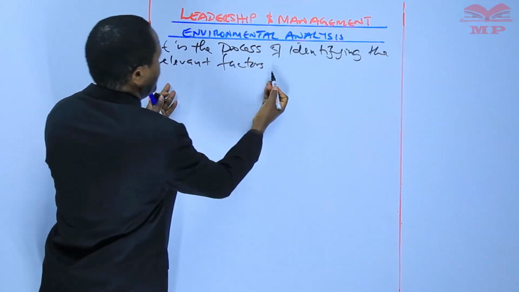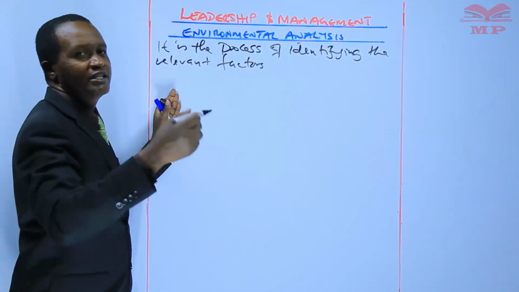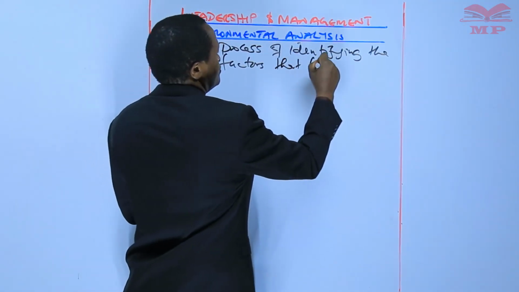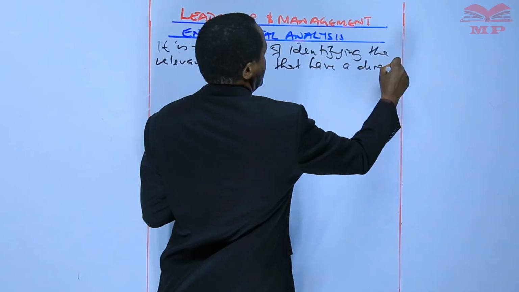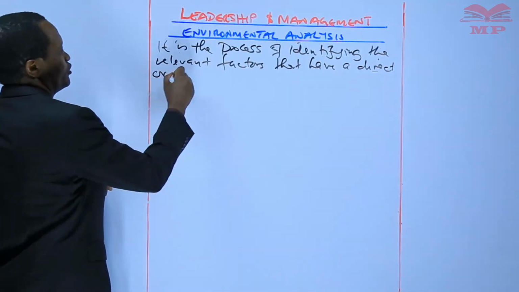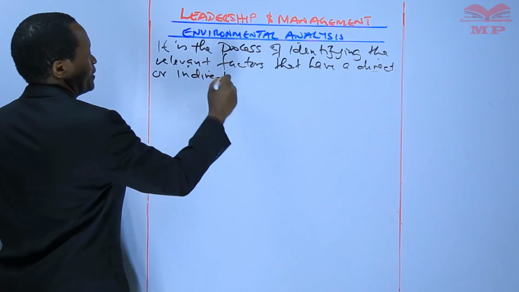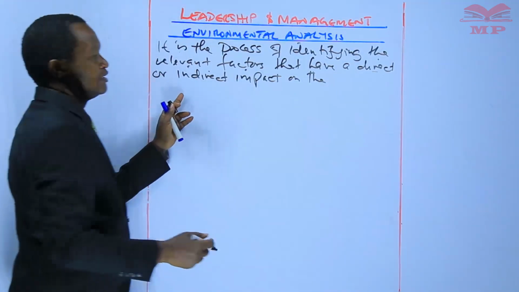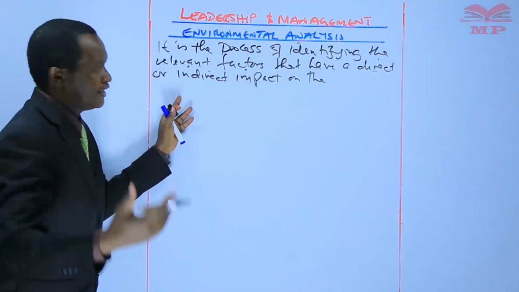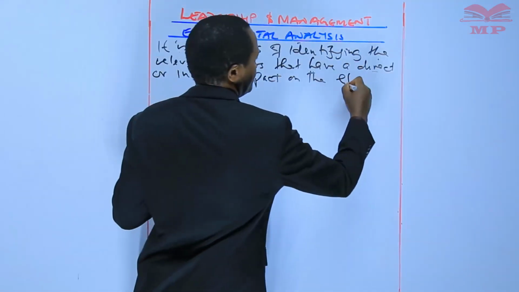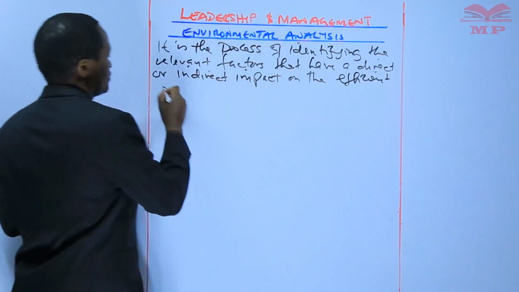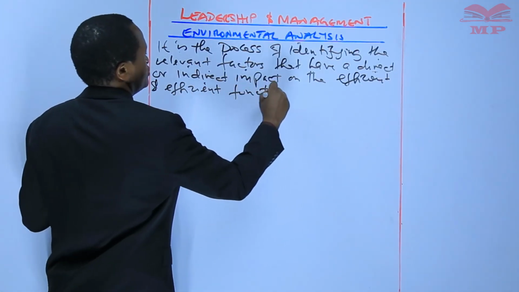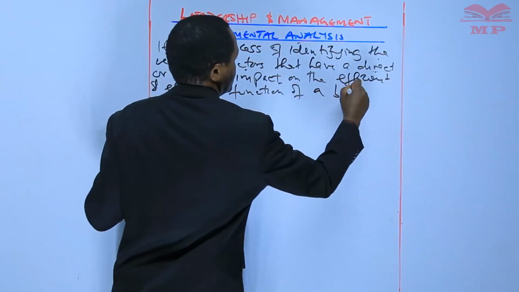It is the process of identifying the relevant factors that have a direct or indirect impact on the effective and efficient functioning of a business.